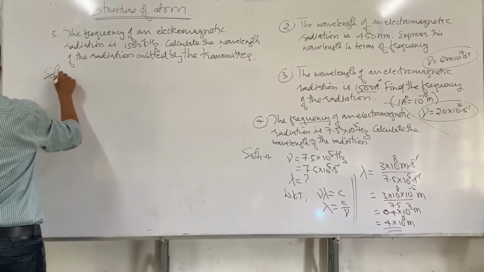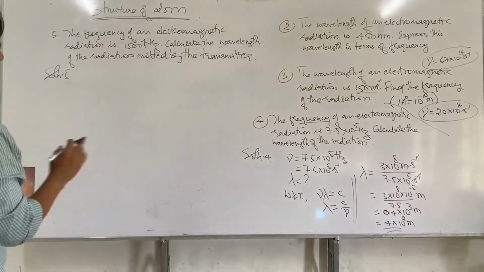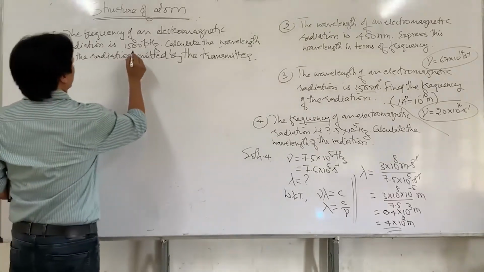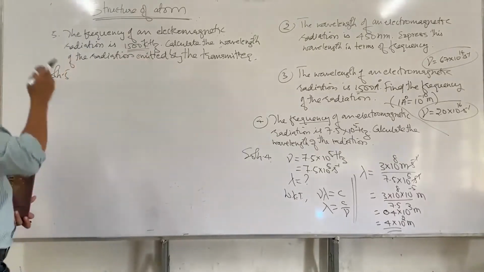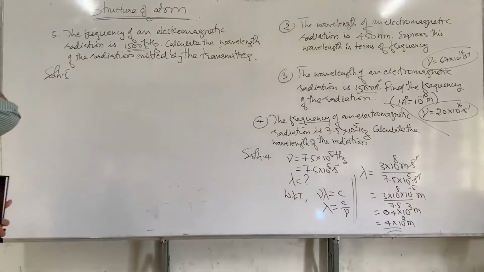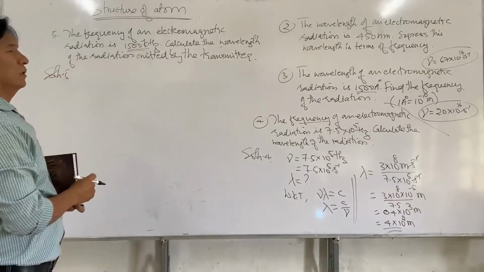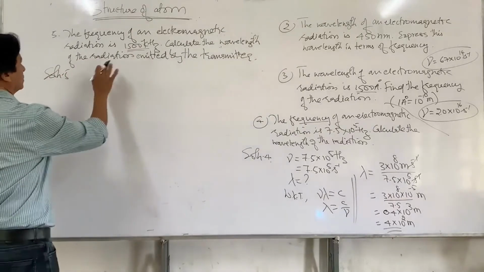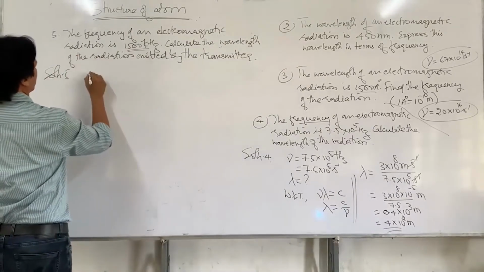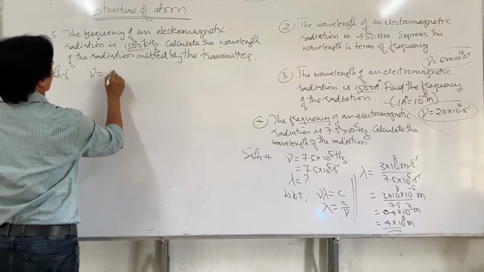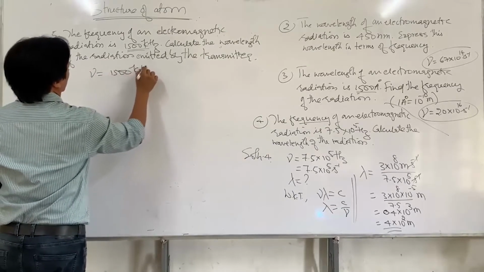Now, the solution here is very simple. What you're given is the frequency in terms of kilohertz. So you must know that 1 kilohertz is nothing but 1000 hertz. To begin with, you can put your given frequency nu equal to 1500 kilohertz.